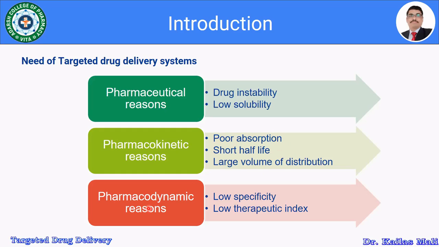Then pharmacodynamic reasons, that is low specificity towards the tissues or cells, or a low therapeutic index. So these are the reasons which give us the idea why to design and develop the targeted drug delivery system: the pharmaceutical reasons, pharmacokinetic reasons, and the pharmacodynamic reasons.